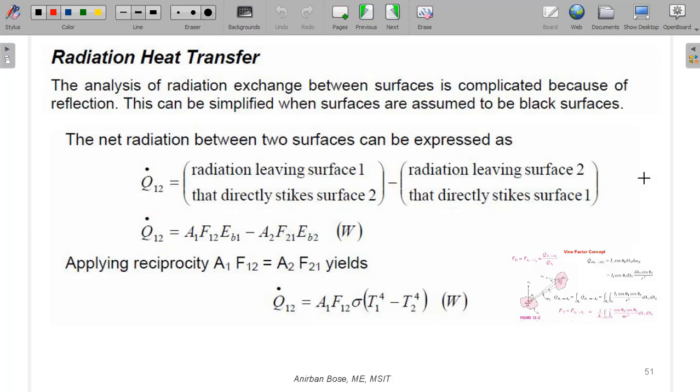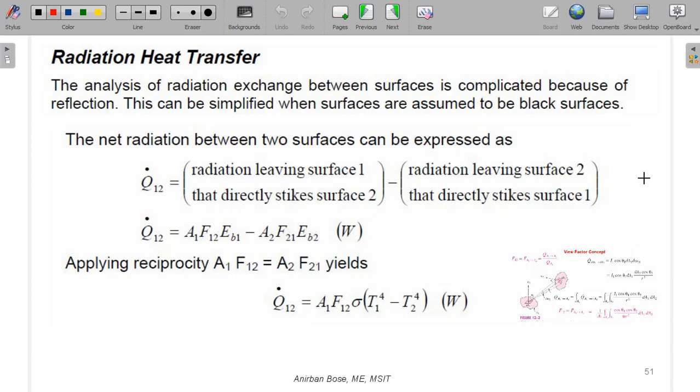In this lecture on radiation, we will see how we can find the radiation heat transfer from one surface to another surface, where these two surfaces are finite in general. To do that, we have already seen that we need the view factor, and how to calculate the view factor.